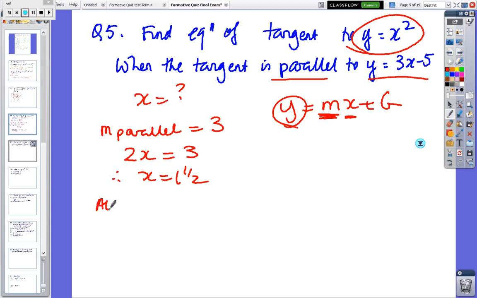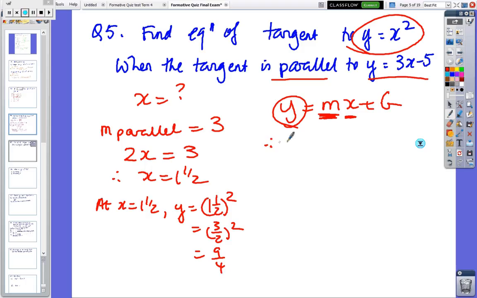So at x equals 1.5, y equals 1.5 squared, which is 3 on 2 squared, which is 9 over 4. So then 9 over 4 equals the gradient, which is 3, times the x value, 3 on 2, plus b.